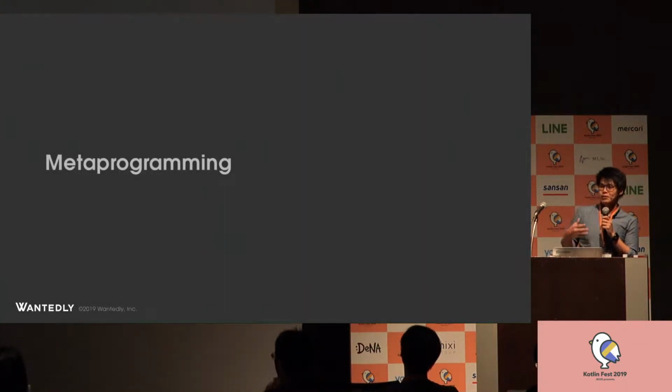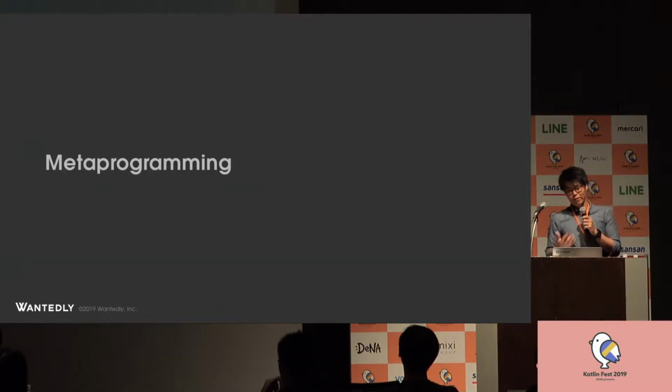So before I talk about code generation, let's touch briefly on the concept of metaprogramming. This is a very simplified version of this concept. If you'd like to dive more into this topic, I will give you a link in one of the slides later.